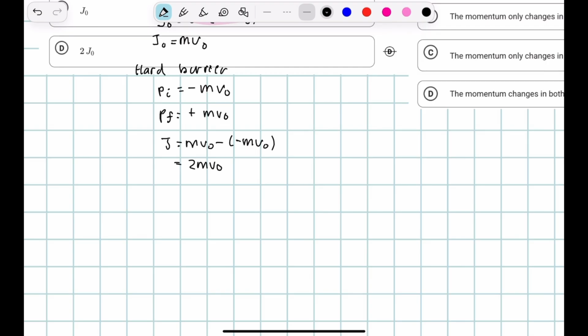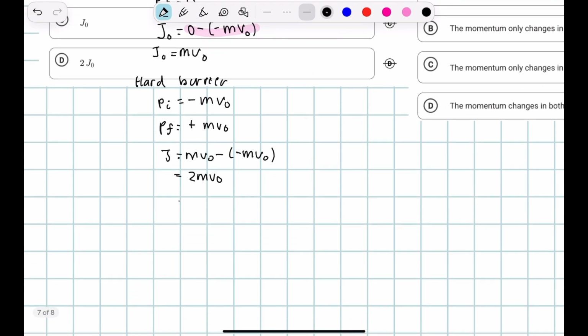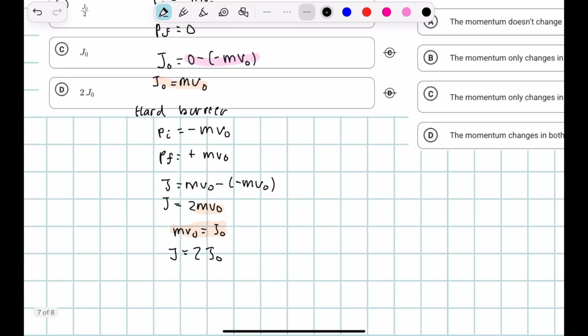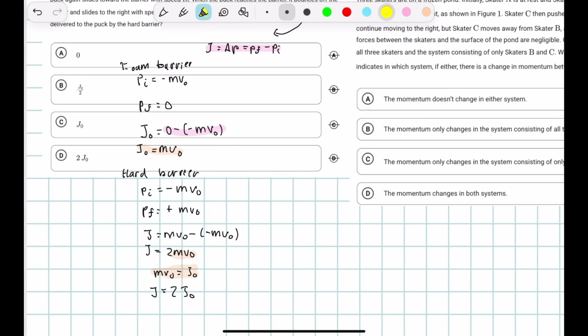Then we can substitute in: m v initial is equal to J initial from above. So J is equal to 2 times J initial, and we can see that matches with answer option D.